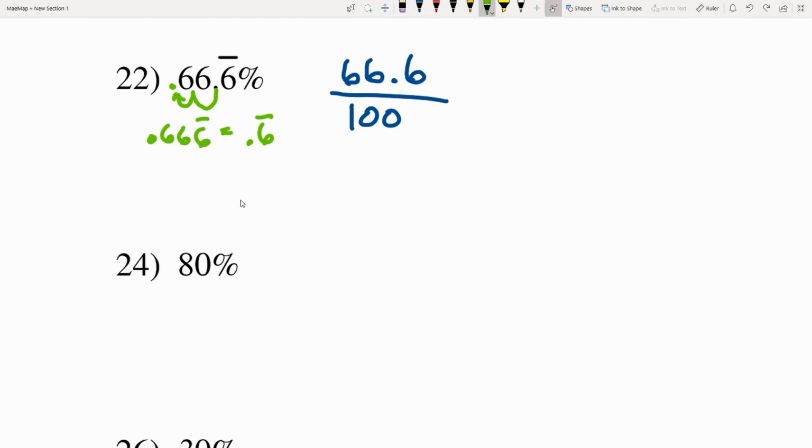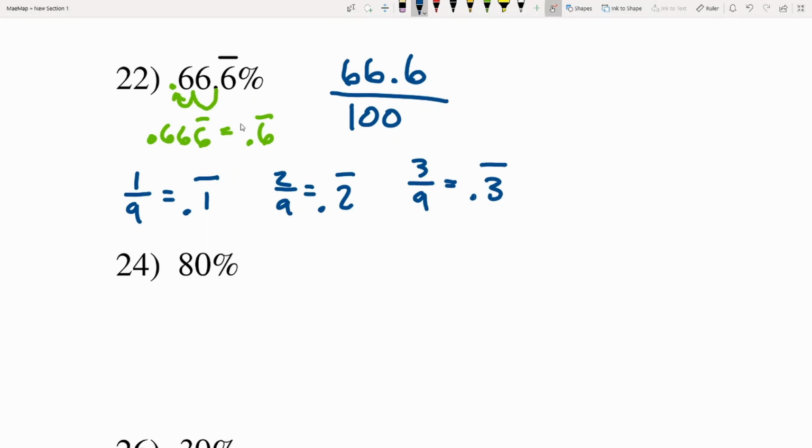Now for the sake of this video, I'm going to teach you a trick. If we have 1/9, that's equal to 0.1 repeating. If we have 2/9, that's equal to 0.2 repeating. If we have 3/9, can you guess what it is? 0.3 repeating. So if we have 0.6 repeating, what do you think that is?